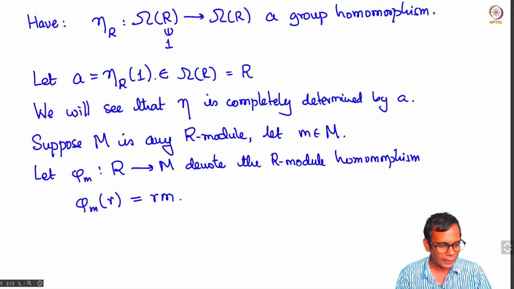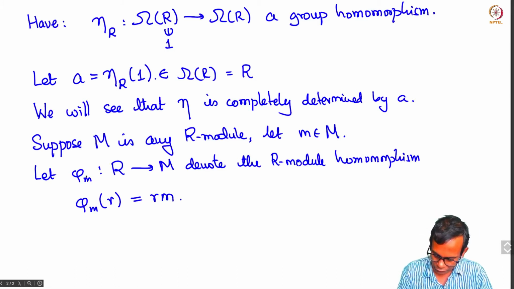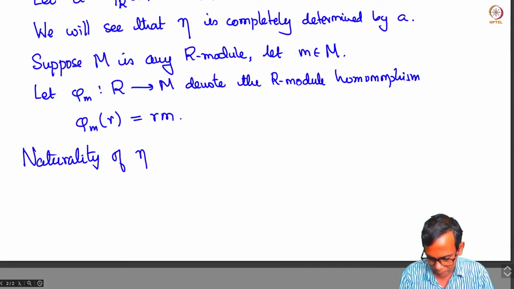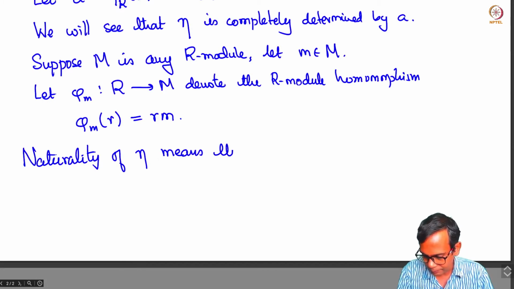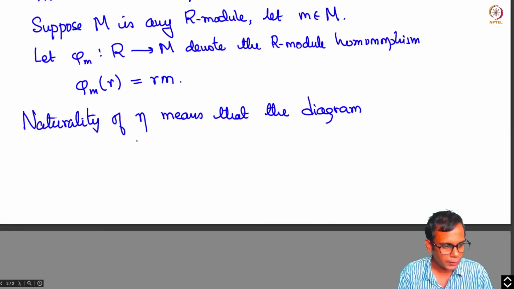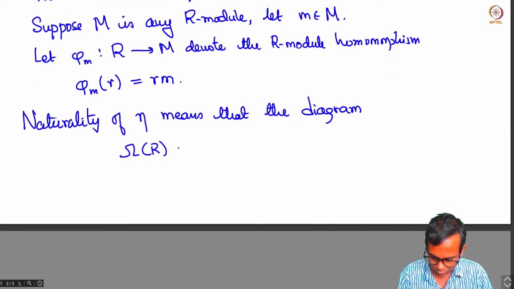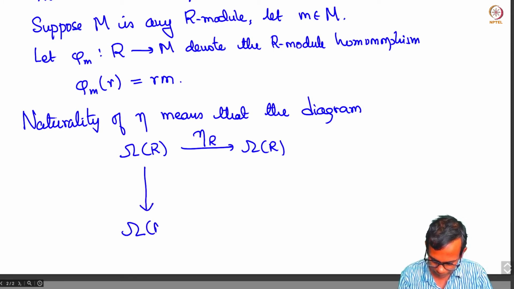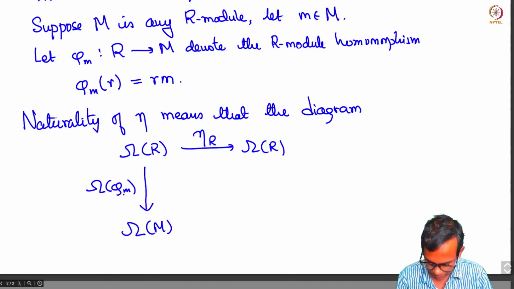And now let's apply naturality to this phi M. Naturality of eta means that the diagram involving eta R and eta M commutes. So we have omega R to omega R with eta R, and then omega R to omega M, which is omega phi M, which is just phi M as a function.